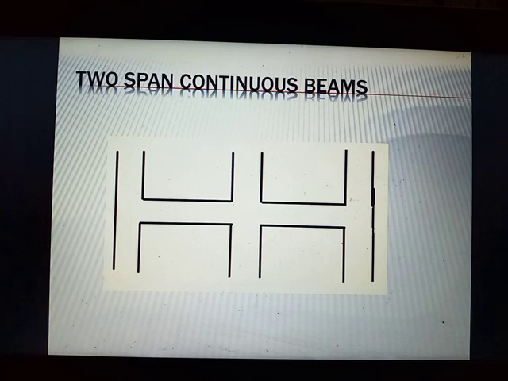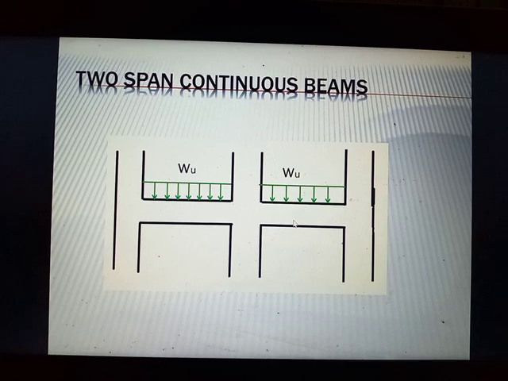So this is for a two-span continuous beam. Let us say you have a uniform load. The Wu is the uniform load.